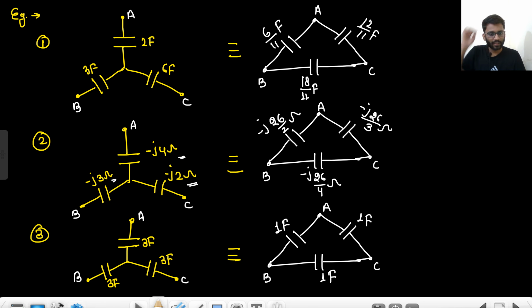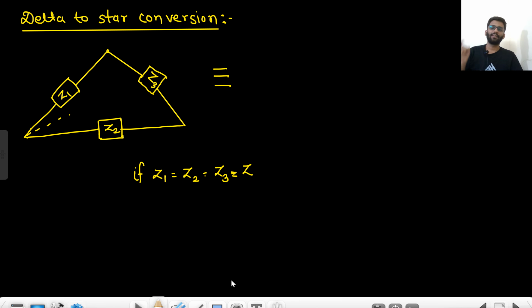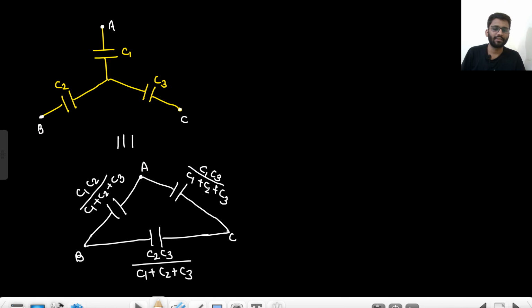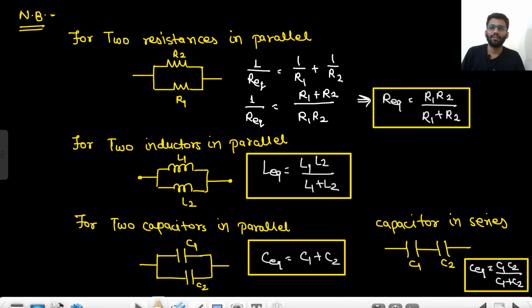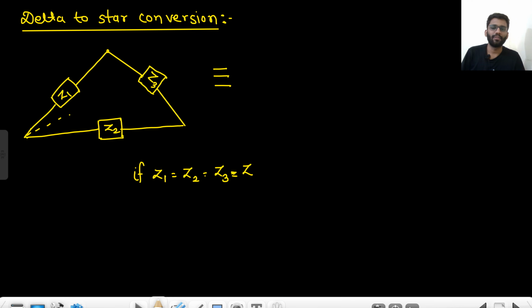So let's move on to the next thing, that is delta to star conversion. We studied about star to delta conversion. Now we will study about delta to star conversion.